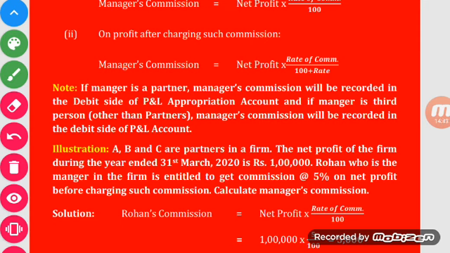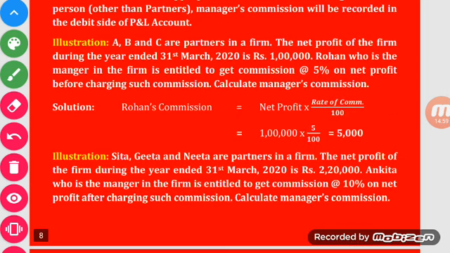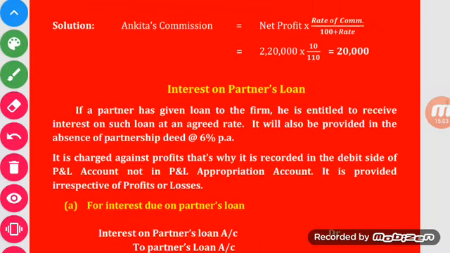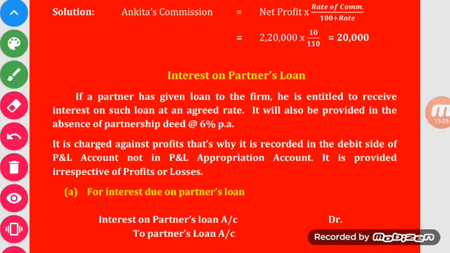And if the manager is a third person other than the partners, manager's commission will be recorded in the debit side of profit and loss account. I hope you understand this concept properly. If you have any kind of query, you can ask me. Is it clear? Now we will discuss the next concept.